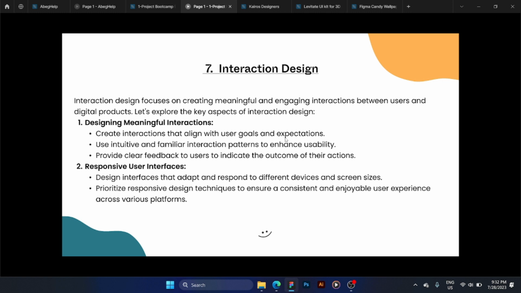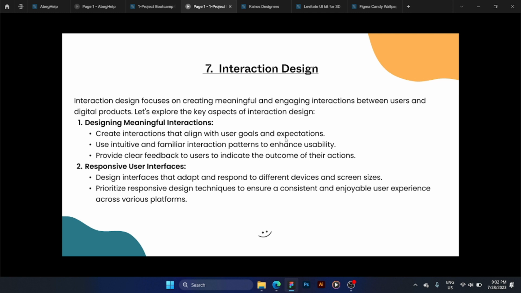Let's say you want to create something for calling. You must ensure that you use things like icons. When a user sees icons, and iconography is actually another part of design that you might need to look into. Don't worry, I'm just teaching you the basics.